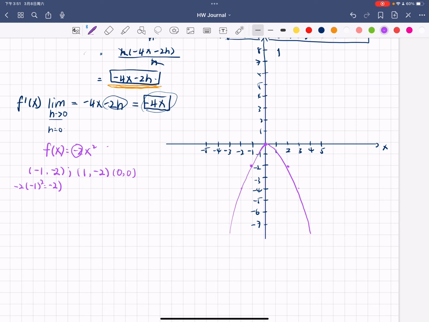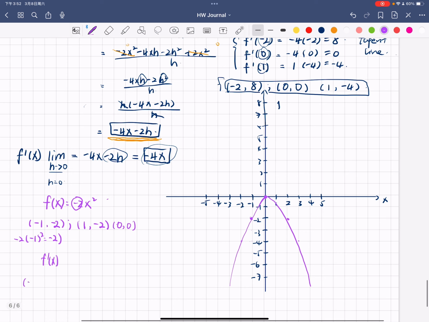And then for our tangent line f prime of x, we're going to be utilizing the coordinates that we received from the previous portion of the problem, which is negative 2, 8, 0, 0, and also 1, negative 4. Actually, to draw a line you only need 2 coordinates, but in this case we have 3.